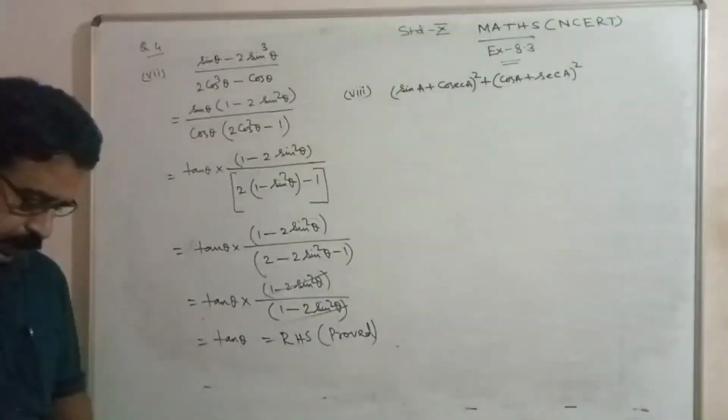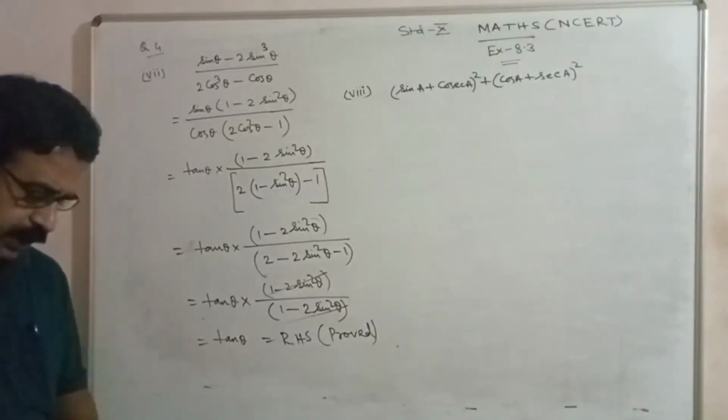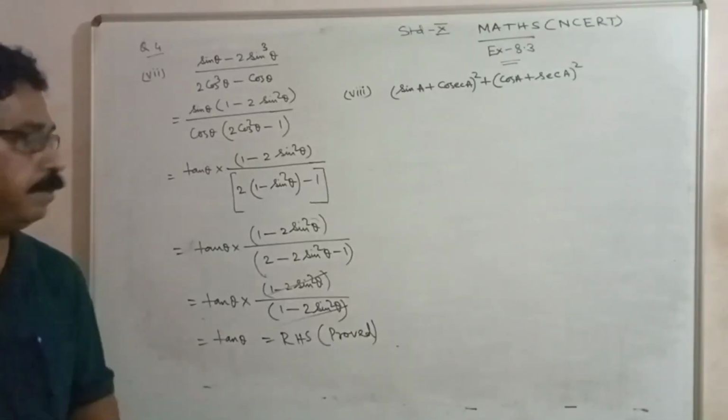We have to prove this is equal to 7 plus tan square A plus cot square A.